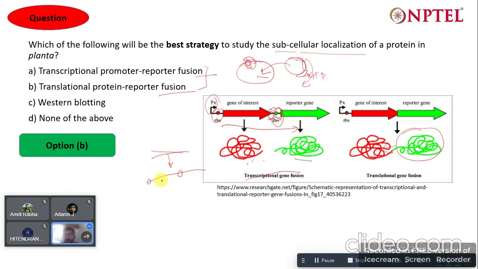So for example, here, the first gene that is being translated has a stop codon, and after that there is a ribosome binding site of the second gene. So after they are translated, both the proteins will be separate. Okay, so there is no link between them. That's why they cannot be used for subcellular localization.